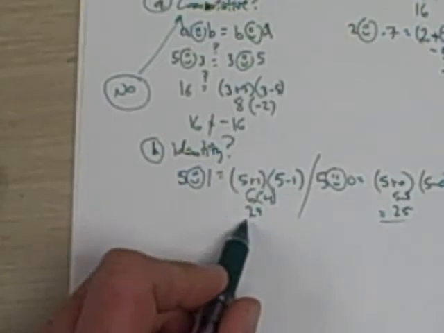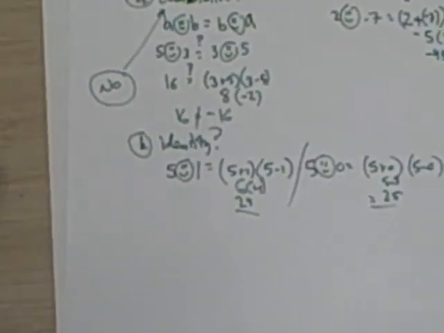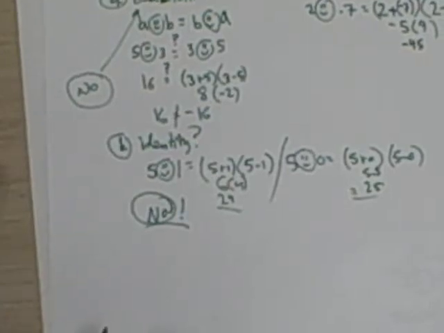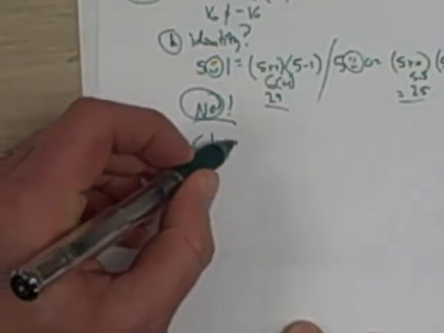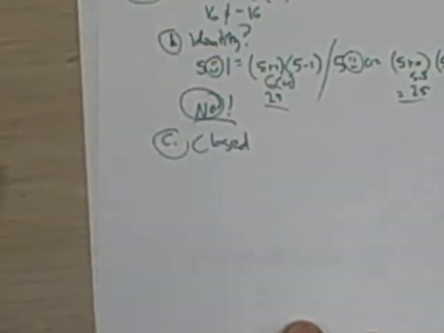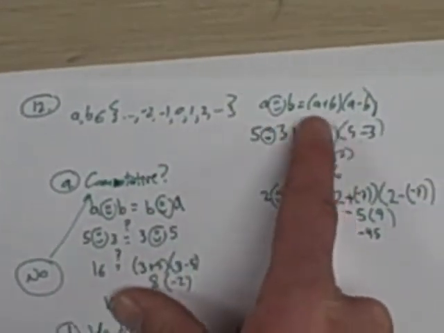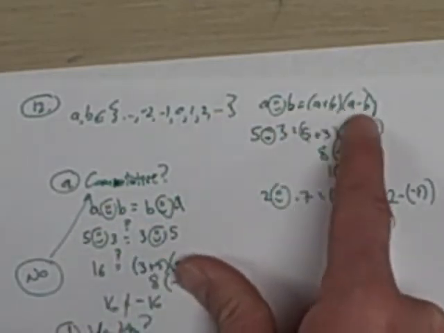So what we could do is just keep trying things and see if we actually find it. And actually, this does not have an identity. And if you look at your practice test, it actually offers proof as to why it does not have an identity. C, the next question, is it closed? So in other words, if I only use integers in the operation, will I only get integers back from the operation? I'm going to argue yes, because I'm doing addition and subtraction.